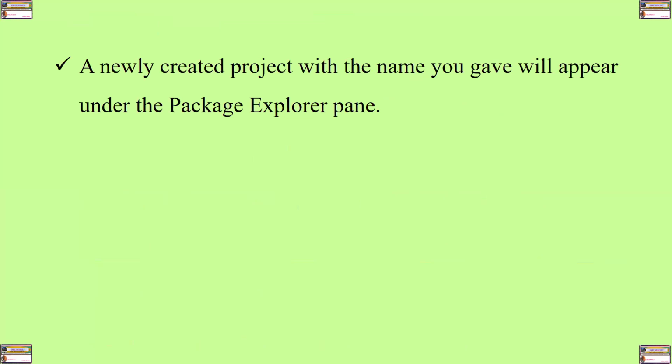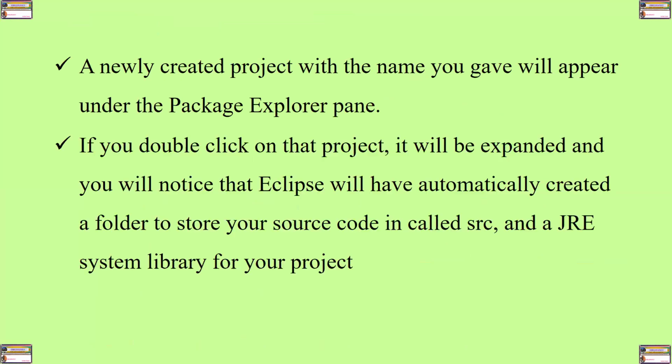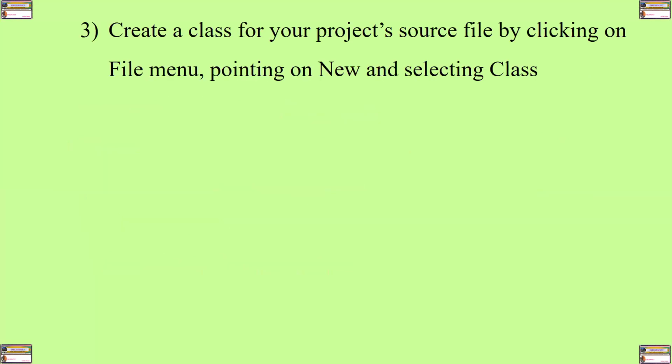A newly created project with the name that you give will appear under the Package Explorer pane, as I'm going to demonstrate. If you double-click on that project, it will be expanded, and you'll notice that Eclipse will have automatically created a folder to store your source code called src, and a JRE System Library for your project.